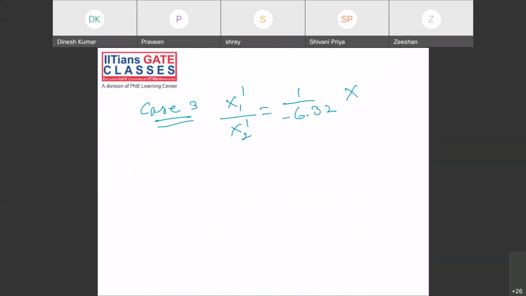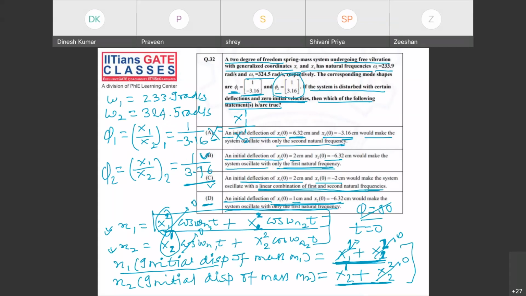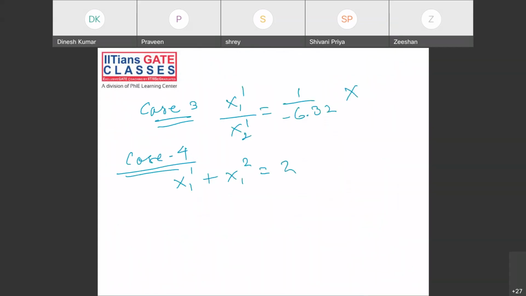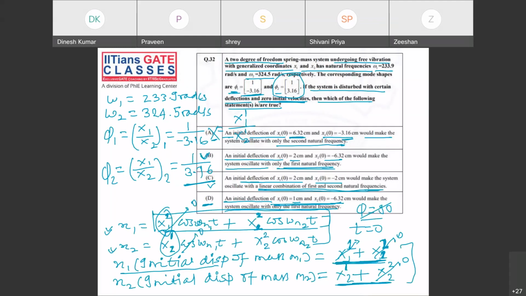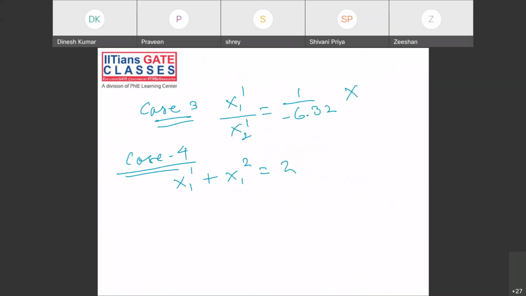So if you take case 4, in case 4, what will happen? You will have 4 equations and 4 unknowns. So what are those 4 equations, guys? So first, this equation, what? x1 1 plus x1 2 is how much? Initial displacement is given as 2 centimeter for mass m1, and for mass m2, what is the initial displacement? Minus 2 centimeter.